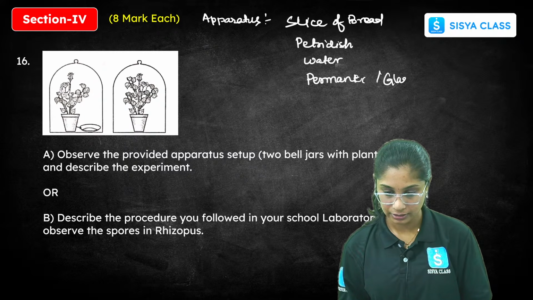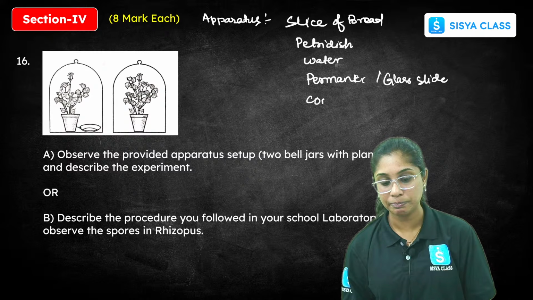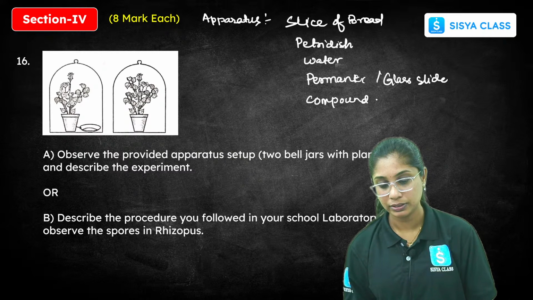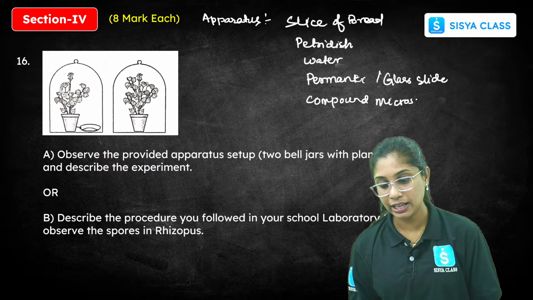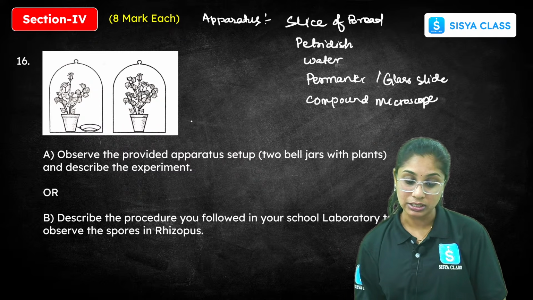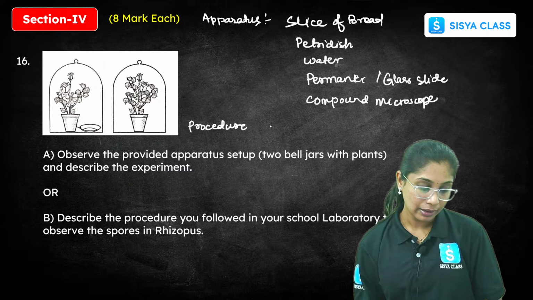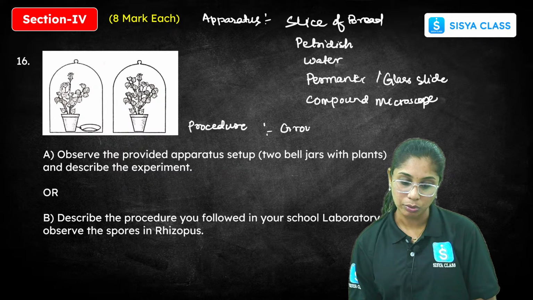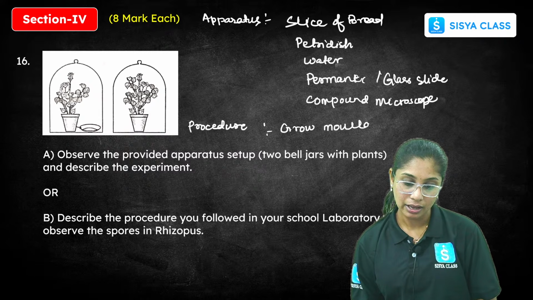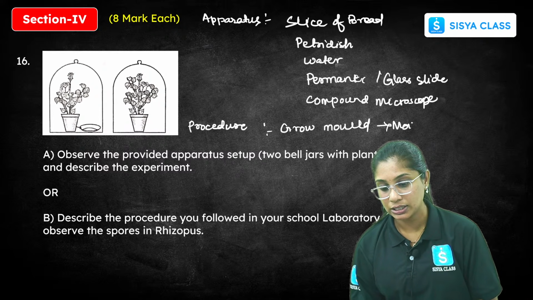Then what else do we require? We require a compound microscope. These are the apparatus required for this particular experiment. Then what is the procedure? Coming to the procedure, first what we will do? We will grow mold. How are we going to grow mold? First we have to moisten it. Moisten it with water.